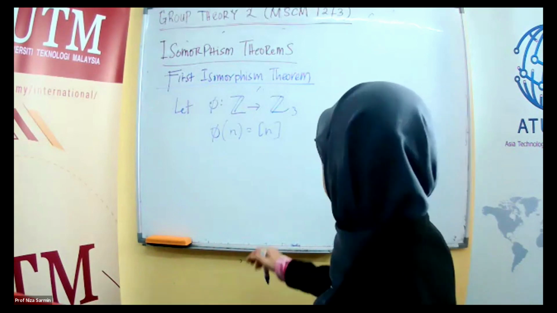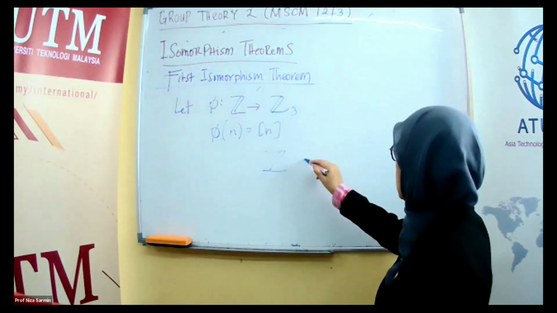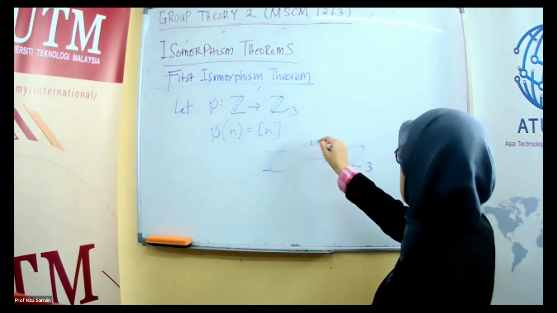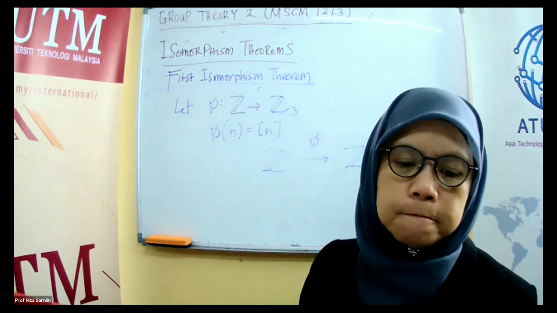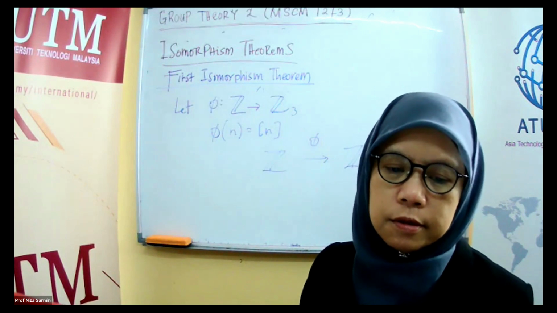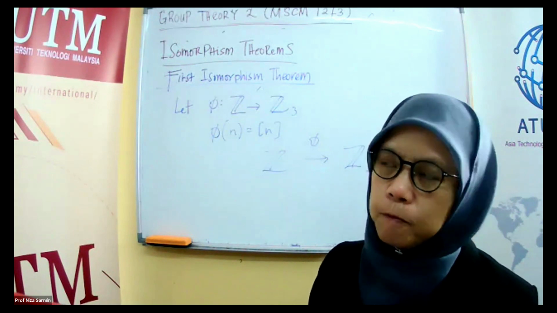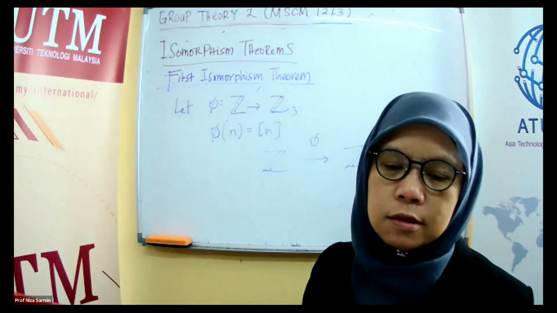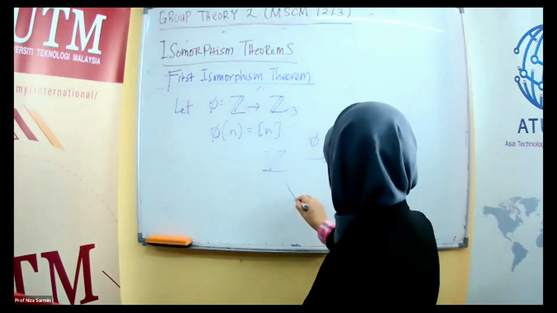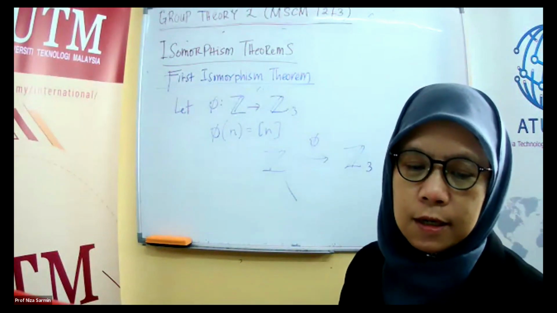Okay, so what I have is this Z that I want to get only the cosets accordingly. I need a kernel, right?